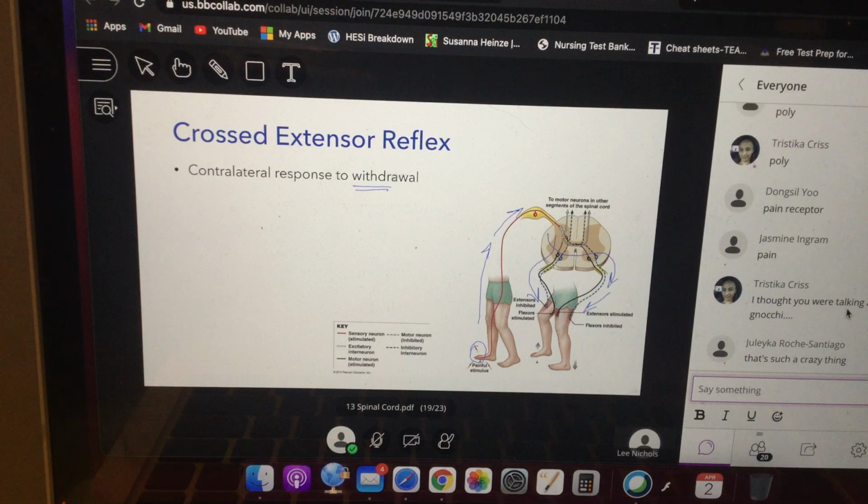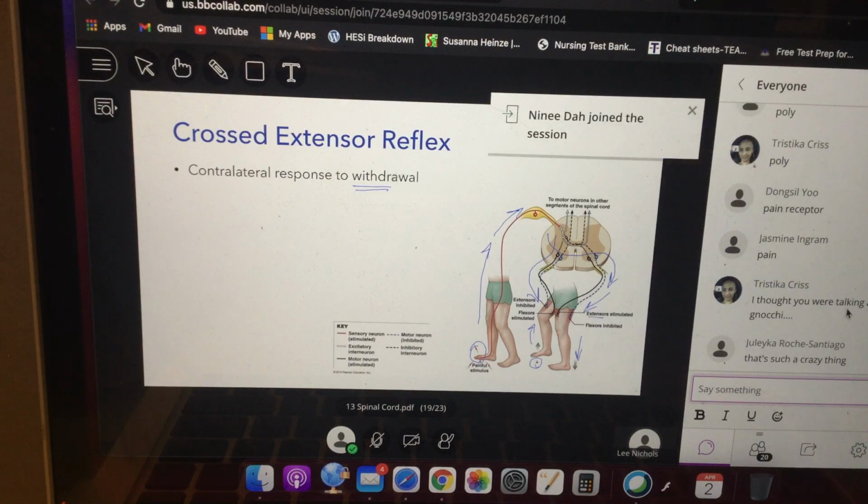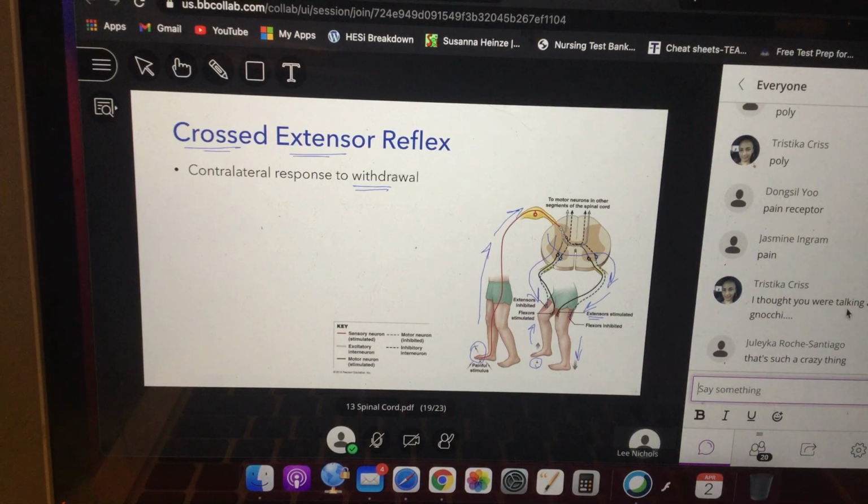So that when you step on the stimulus, here's the stimulus again right here, you've got to be able to withdraw the leg that was hurt while extending the leg that was not hurt so you can maintain your balance. So that's why you've got to do your extensors on the opposite side. That's why it's called a crossed extensor reflex.